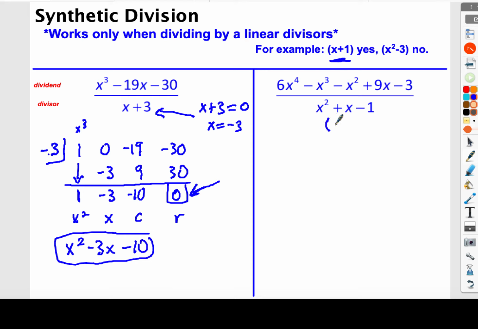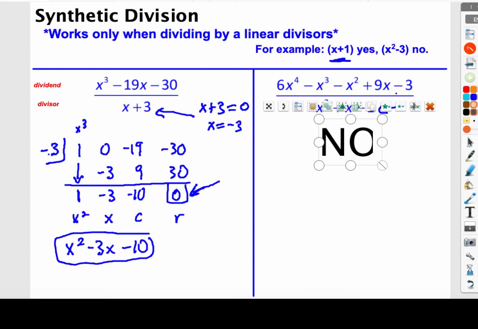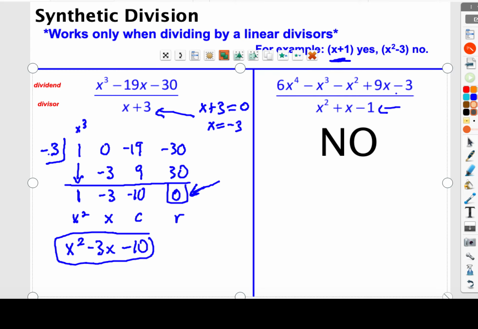So let's take a look. What would multiply to 1 and add to negative 1? Right off the bat, I'm going to say there's nothing. So we really are not going to be able to divide that one, because we can't synthetically divide unless it's a linear factor.